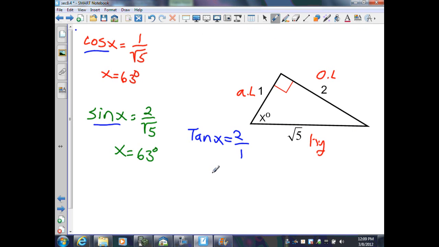And that tells me that x is equal to 63 degrees when I round. So you can see, it doesn't matter which ratio I use as long as I have the appropriate sides and hypotenuse in that ratio. It will work out to have the correct answer, here in each case 63 degrees.